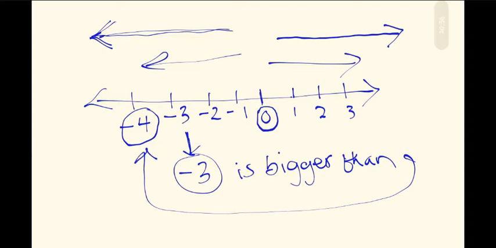So our negative 3 is bigger than the negative 4 here, because the further left we go, the smaller the number becomes. So negative 1 on the number line is bigger than negative 3. I hope this makes sense.